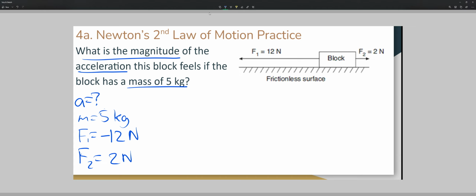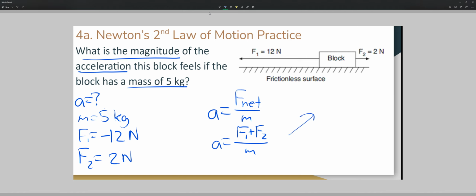Negative 12 newtons. So the formula we have is a equals F net over m. My F net is the sum of all my forces, so you're going to add up all of them.